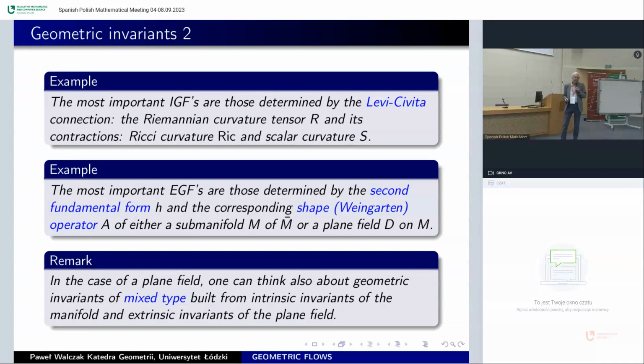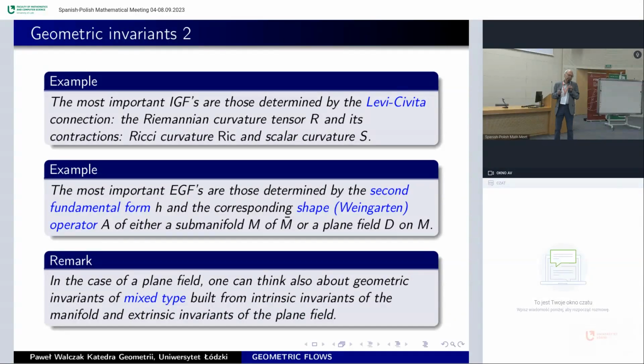So therefore, geometric invariants are of these two types, intrinsic and extrinsic. The important intrinsic invariants come from the Levi-Civita connection and via the Riemann curvature tensor R and its contractions, Ricci curvature or scalar curvature.